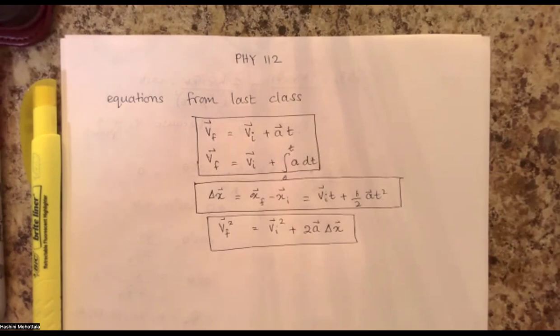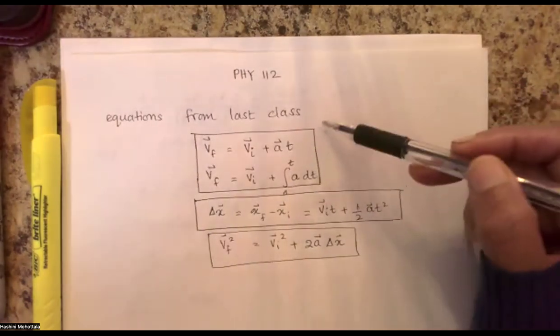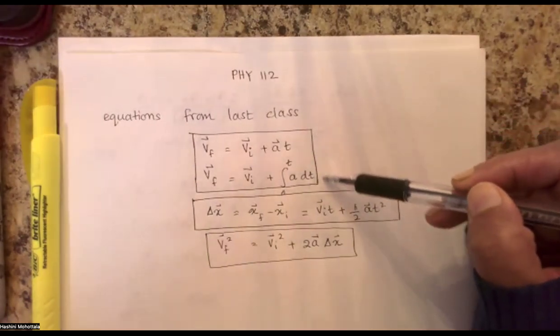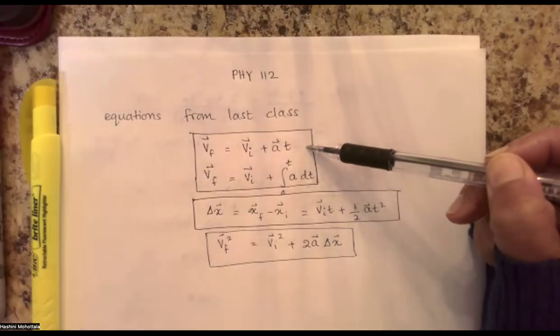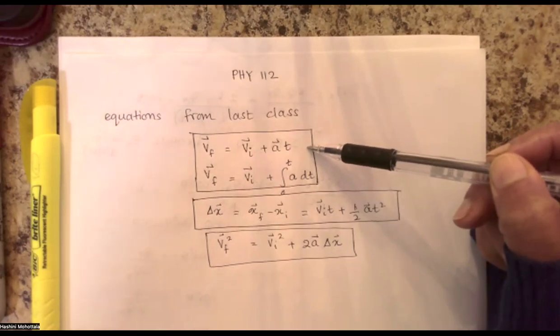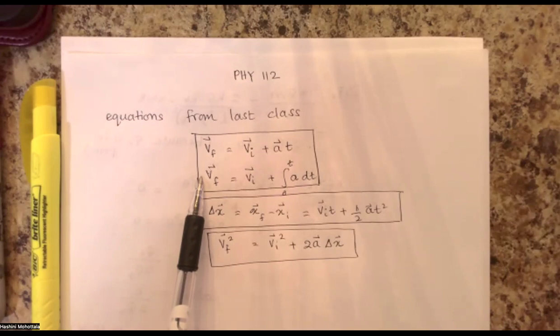Now, guys, if you look at the very first equation over here, you can see that these equations do not have any information about displacement. So if someone is looking for displacement, then this equation is not the first equation to try.